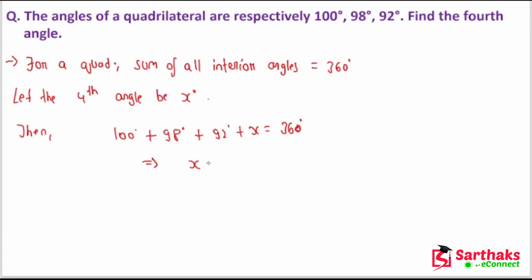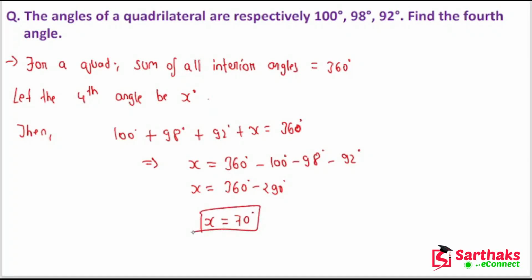So we can take all of them to the RHS and we will get x equals 360 degrees minus 100 degrees minus 98 degrees minus 92 degrees. 98 plus 92 is 190, and 190 and 100 would be 290. So this will be 360 degrees minus 290 degrees. So x, the fourth angle, would come out to be 70 degrees. You can clearly verify that if you add 70 degrees to these three angles, you will get 360 degrees. So this was a simple question based on the angle sum property of a quadrilateral.